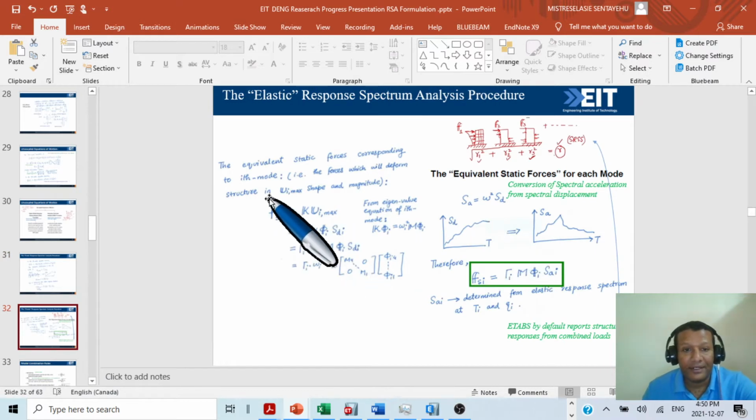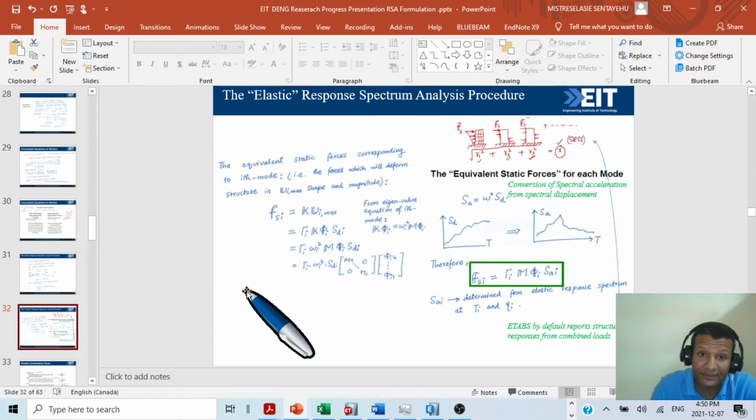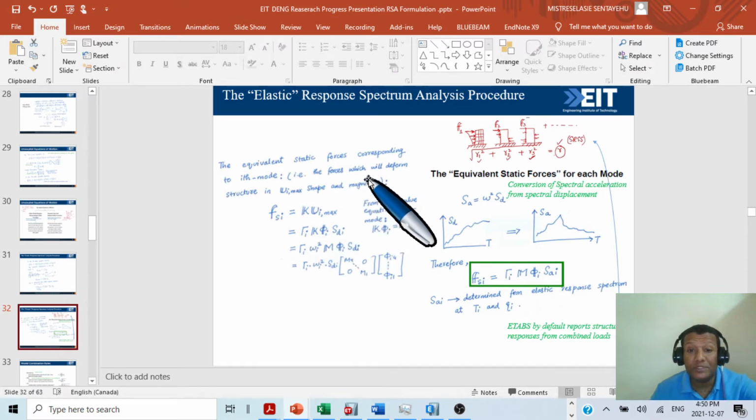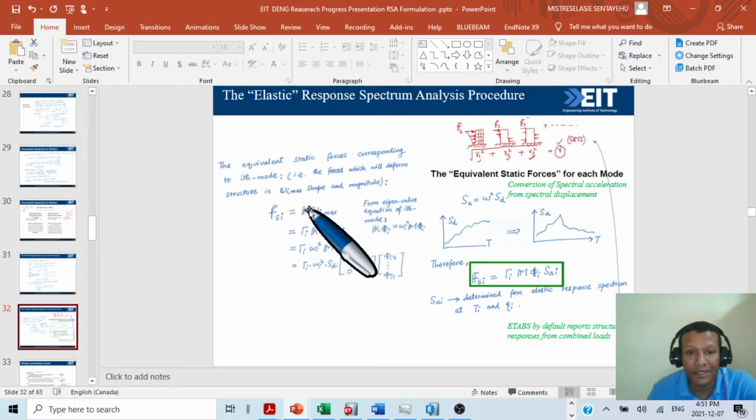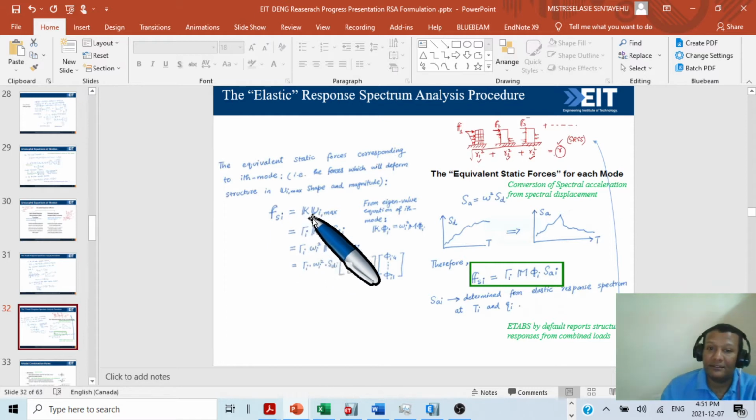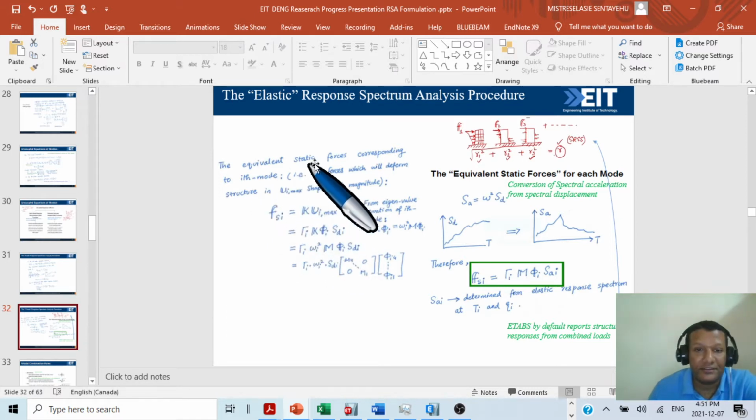Again, the equivalent static force corresponding to the i-th mode is the force which will deform the structure in the U i max shape and magnitude. Once we find U, K u will give us F. So this is how we are going to find our force. Once we have the U max in the i-th mode, then at that level of our building we multiply with the K matrix, and we will find the equivalent static force.